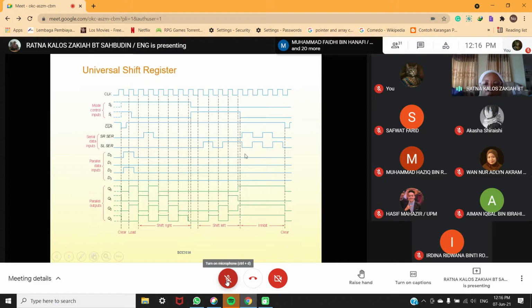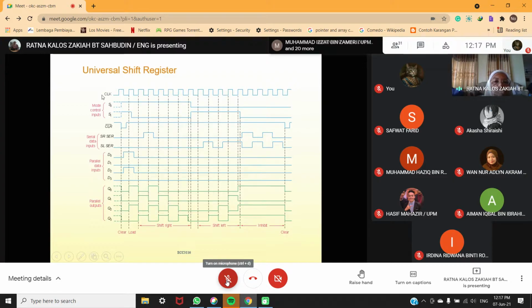And then it will inhibit when it stops here. This is also stop. This also inhibits this part here. That's why then it starts to shift to the left, and that will clear.